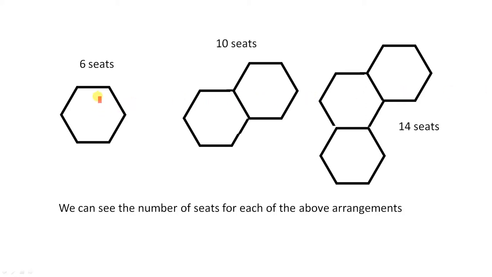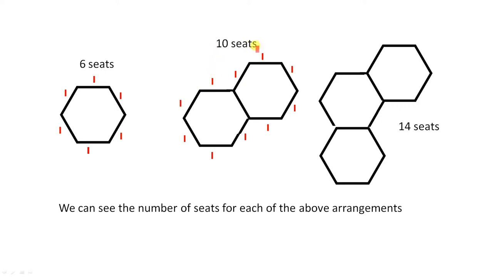So for the single hexagon, you can see that there are 1, 2, 3, 4, 5, 6. So you can put 6 chairs around there, so you've got 6 seats. When you add the extra hexagon, we've got 1, 2, 3, 4, 5, 6, 7, 8, 9, 10.